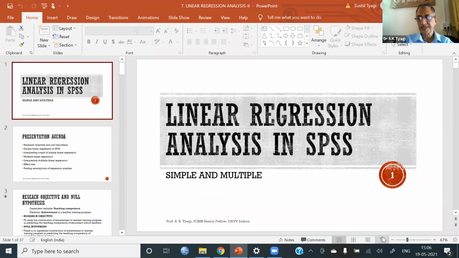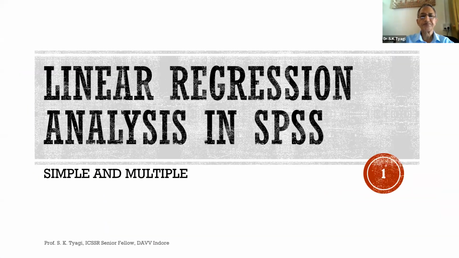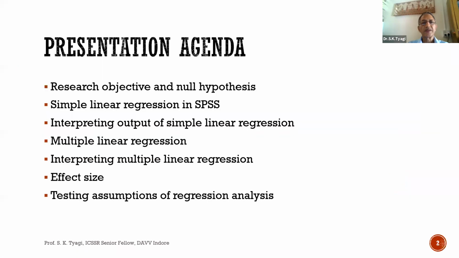So I hope the presentation is visible to all. Yes, sir. So I start. The topic for the day is linear regression analysis in SPSS, simple linear regression and multiple linear regression. The agenda includes research objectives and null hypothesis, both for simple linear regression and multiple linear regression.